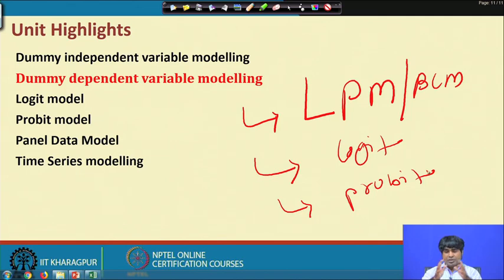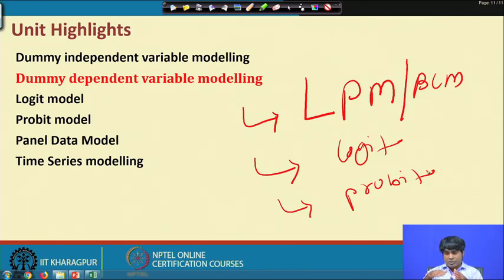That is the basic approach. Otherwise, the models are more or less the same. Technically, the difference between these three models is with respect to the functional form only. The first one, the linear probability model, is a kind of linear structure and the other two forms are nonlinear structures.